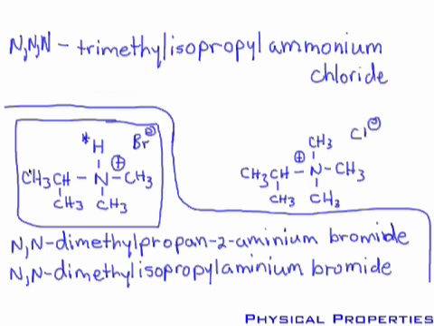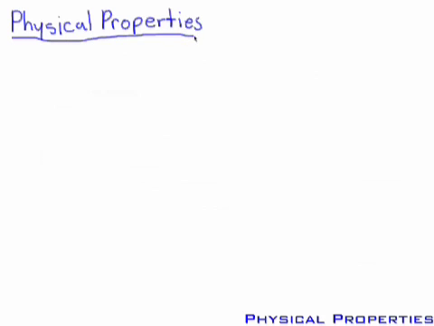Well, let's take a look now at the physical properties of amines. Now, we know nitrogen is quite electronegative, and it can produce a dipole.